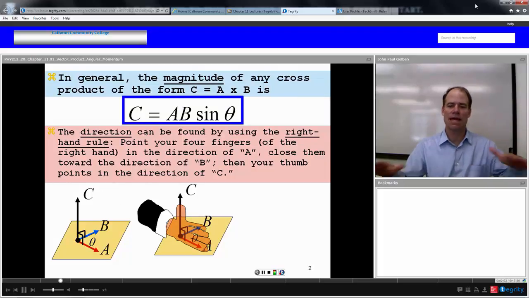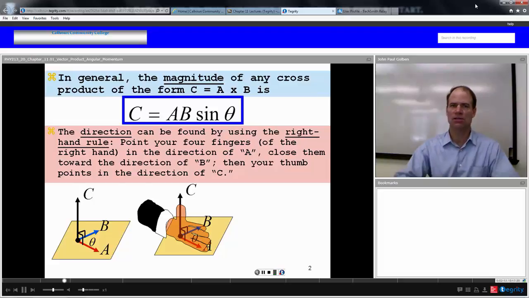So A and B would define a plane themselves, and your cross product thumb will always be perpendicular to the plane formed by A and B. In other words, C is going to be perpendicular to both A and B.